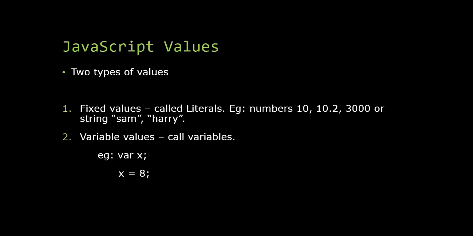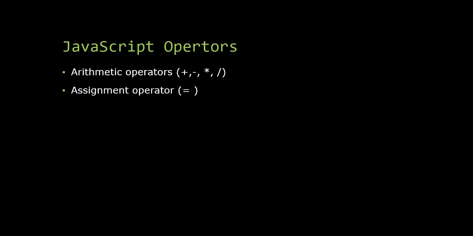There are two types of values. The first one is called literal, that is fixed values, like Sam, Harry, 10.2, 3000, 5000, any value. And variable values are called variables, like var x equals to 8, where we are assigning some value. Operators like plus, minus, multiply, divide, and the assignment operator equals to we can use in our JavaScript.